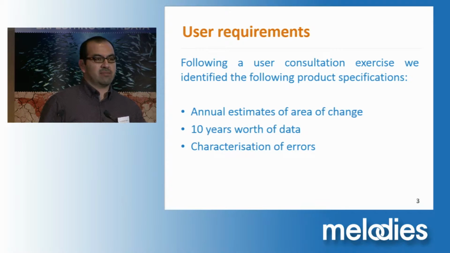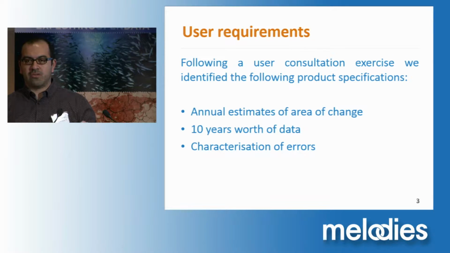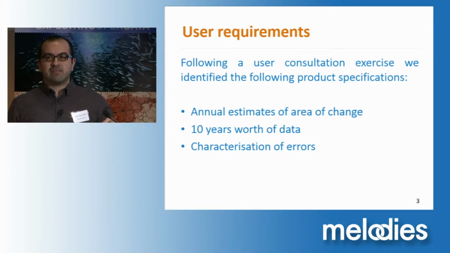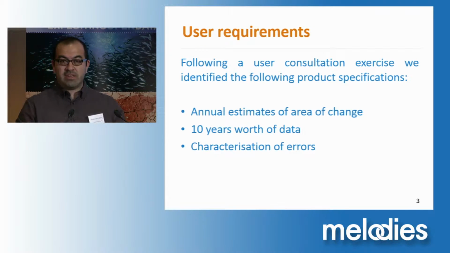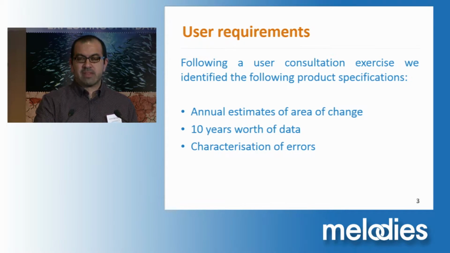And something very important was the characterization of errors. In the end, you have to construct a very good relationship with your user to identify not only what is feasible, what they want, but to create a real synergy between what you can do and what they really need.